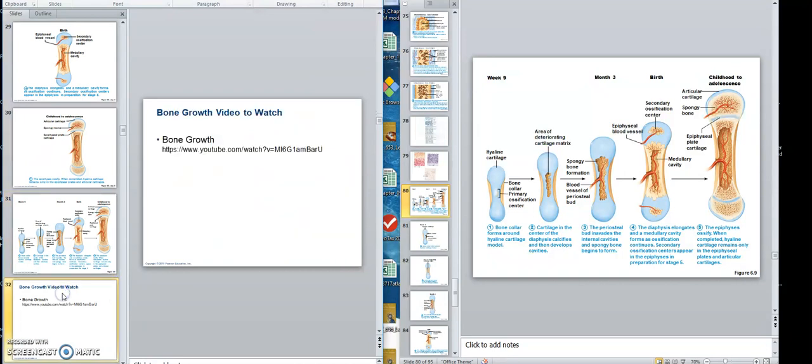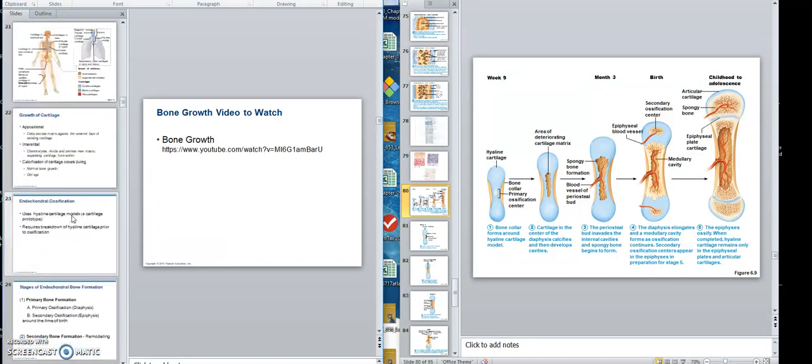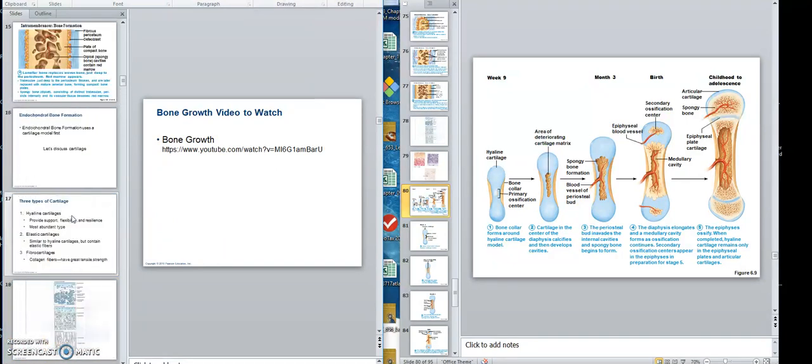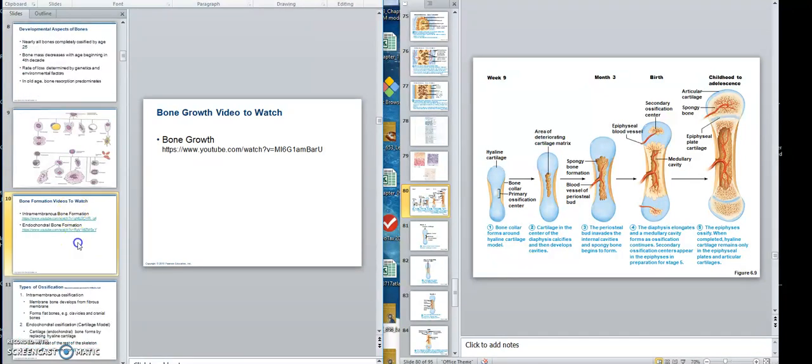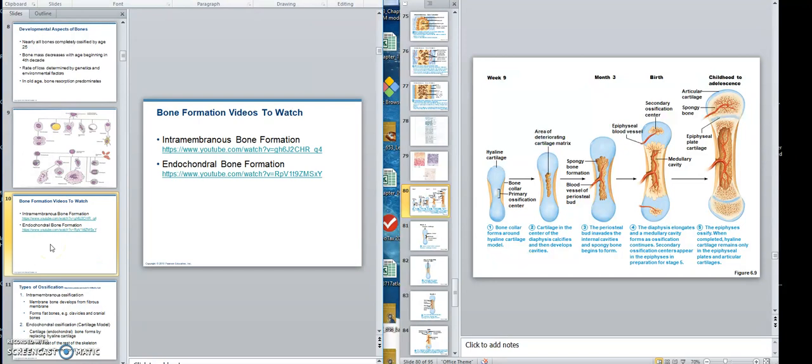Okay, so now we come to bone growth. I have even a movie for bone growth. But I want to go back and remind you of the movie. These movies, intramembranous bone formation and endochondral, can really explain better in a motion video than me.